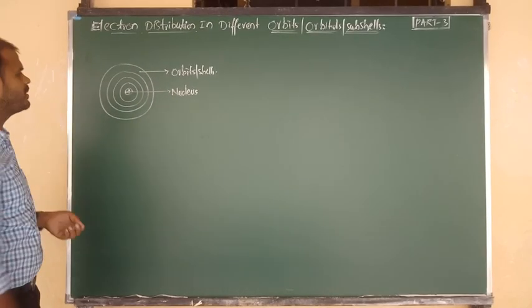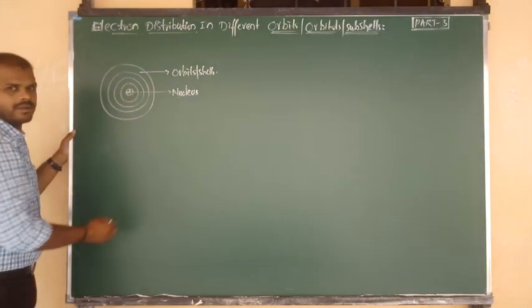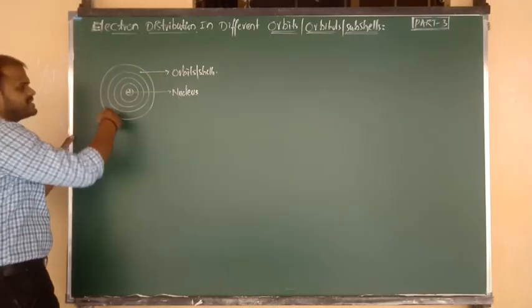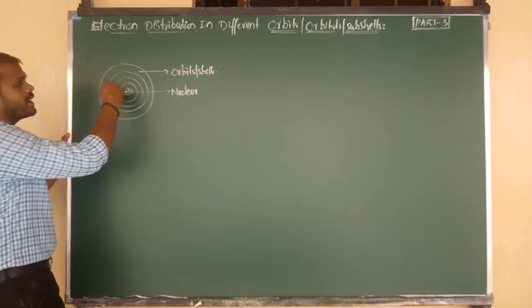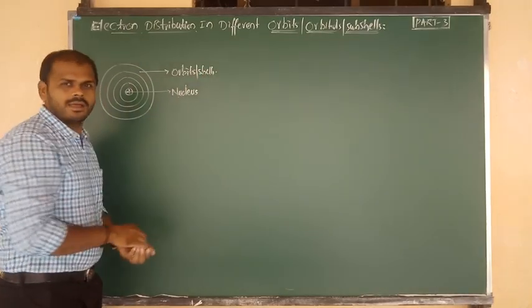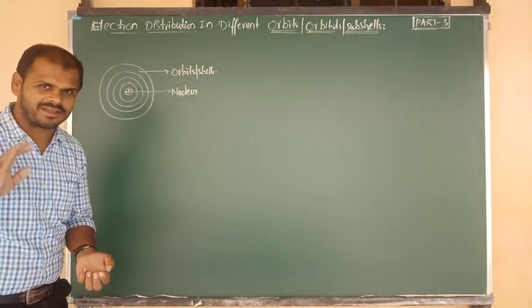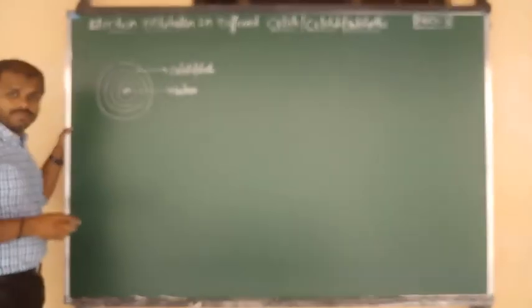Okay? Good. So around this positively charged nucleus we can see a number of circular paths. Such circular paths are known as orbits, and we can also call them shells. One more thing, try to remember.